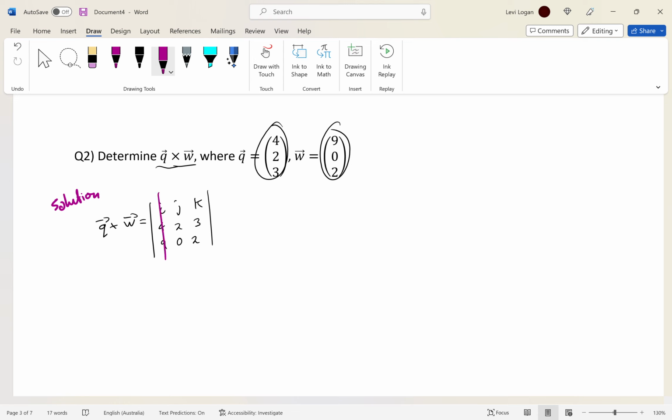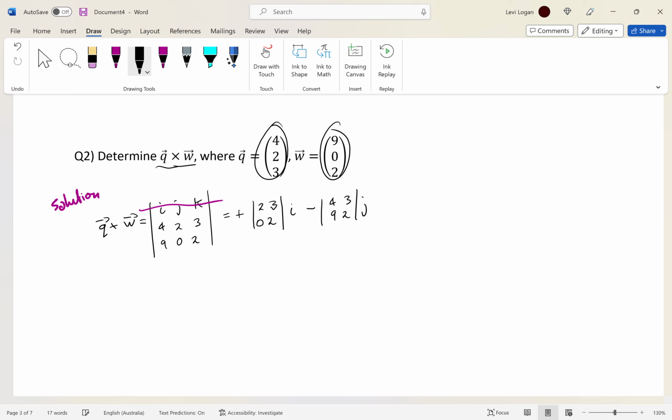So our x matrix is going to be positive 2, 3, 0, 2. Sorry, my computer's lagging a bit. We find our y component, which is going to be negative 4, 3, 9, 2, j.